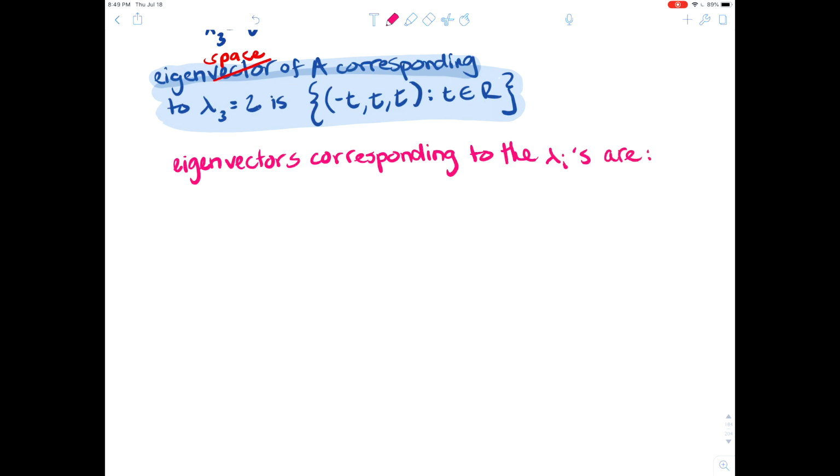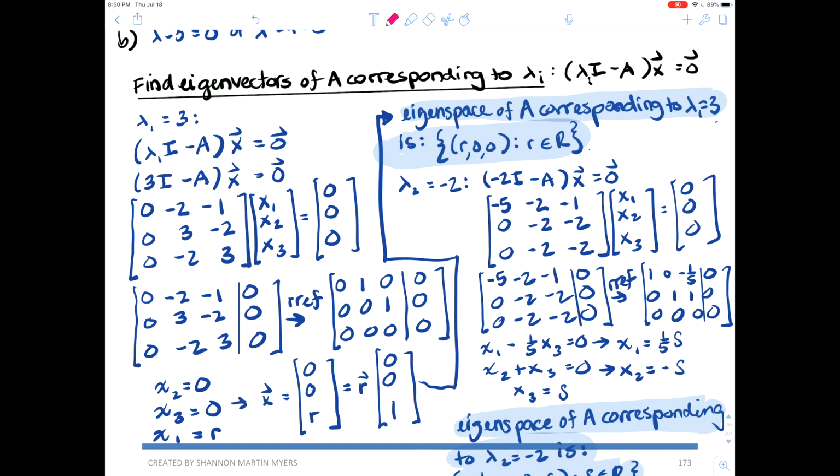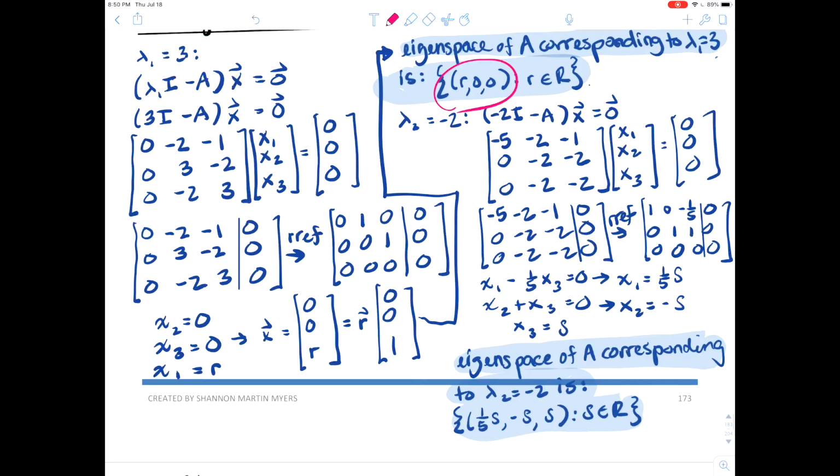So for lambda 1 equal to 3, let r equal to 1. So then that eigenvector that corresponds, if we let r equal to 1, would be what? Beautiful, 1, 0, 0.